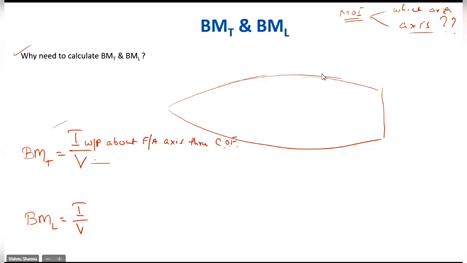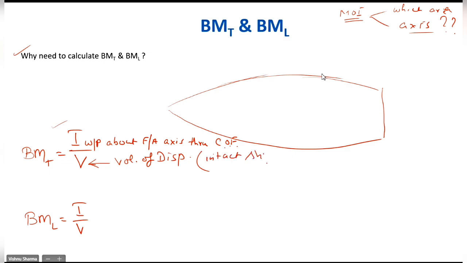Technically, what is V in this formula? It is called the volume of displacement. What is volume of displacement? It is the volume that is displacing the water to generate buoyancy to support the displacement of the ship. Of course, we are normally dealing with an intact ship.